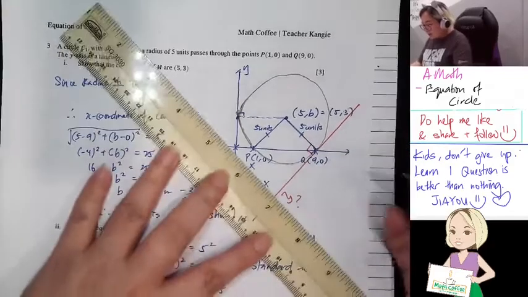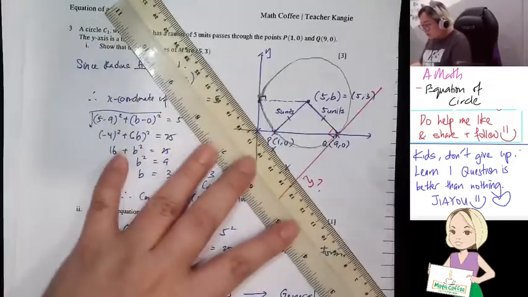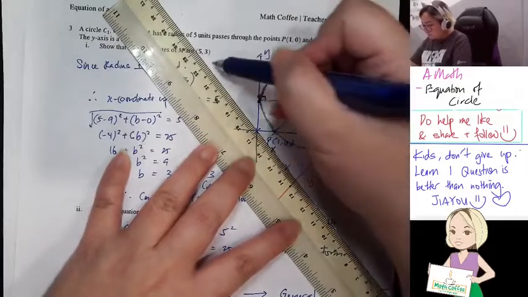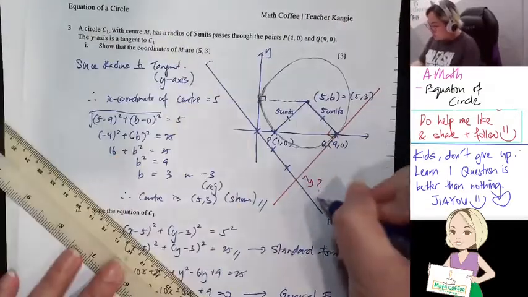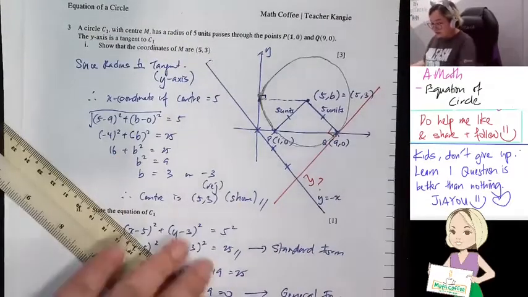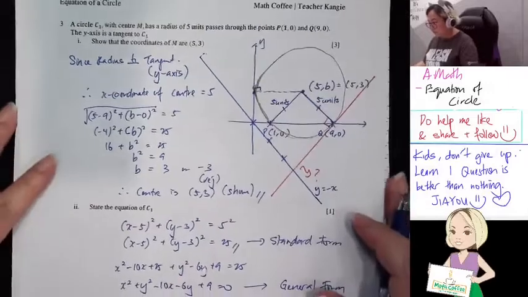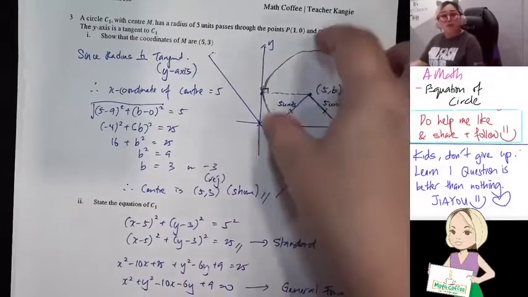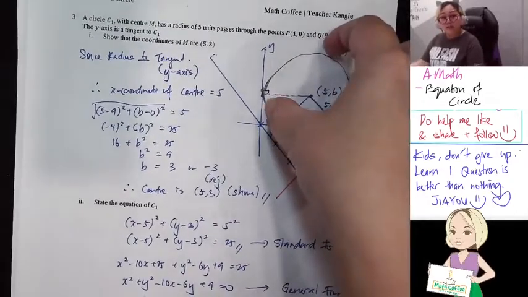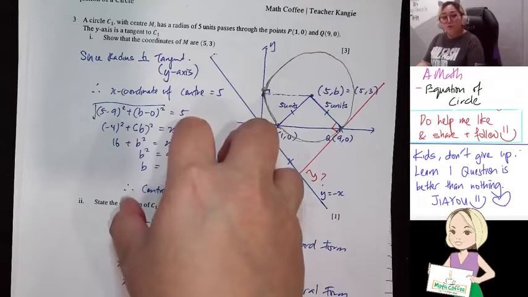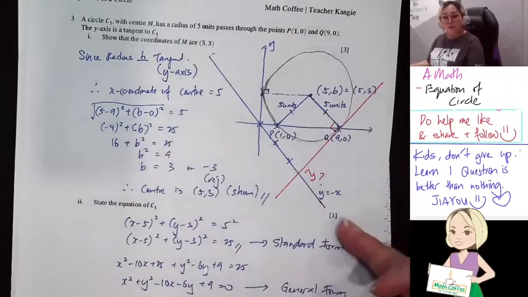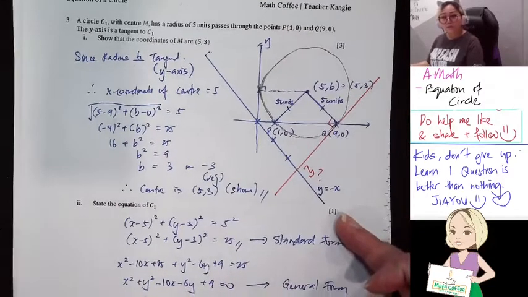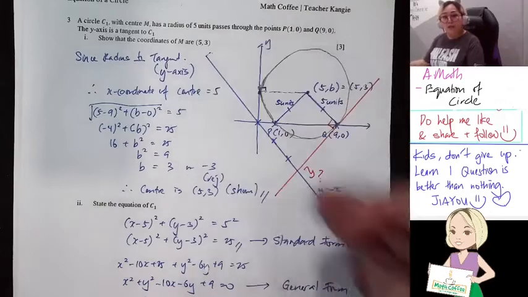So actually the line is this. This is y equals negative x. So they want to reflect this circle onto here. So you have to know that this line becomes your mirror. Okay, this line becomes your mirror.